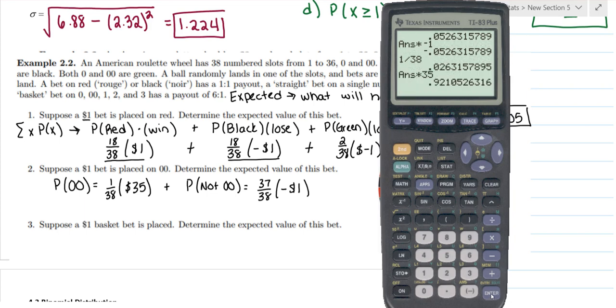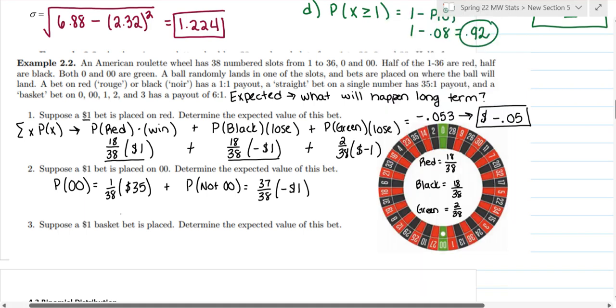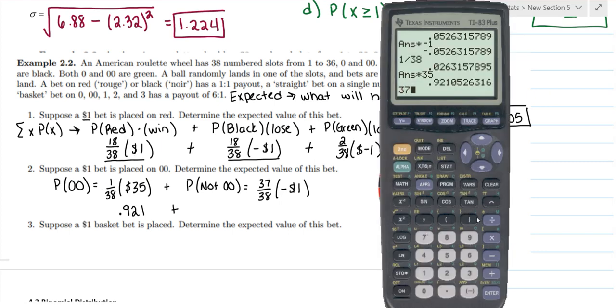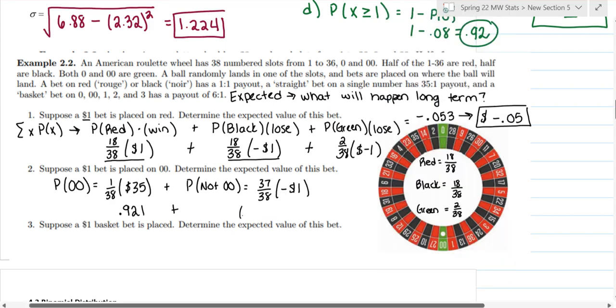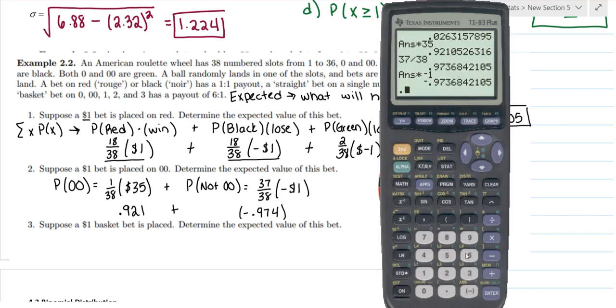Which is 0.921 plus 37 out of 38 times negative 1, which is negative 0.974. And then if I add those two together, I get negative 0.053.